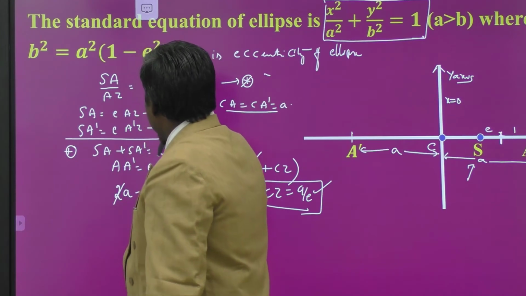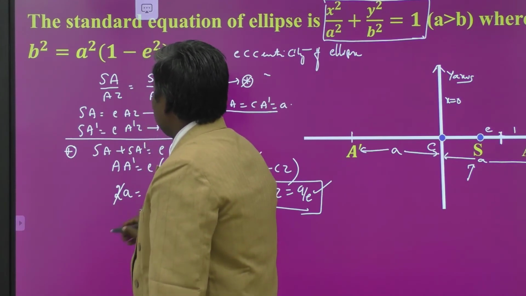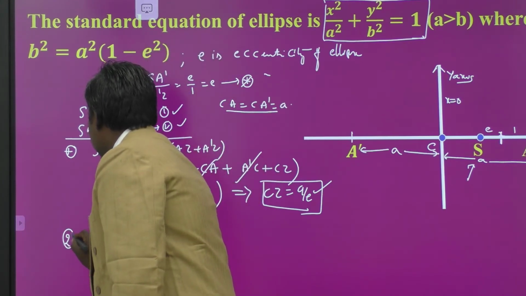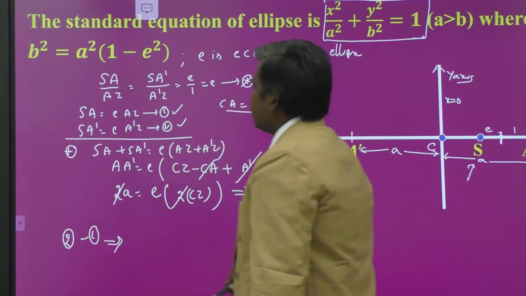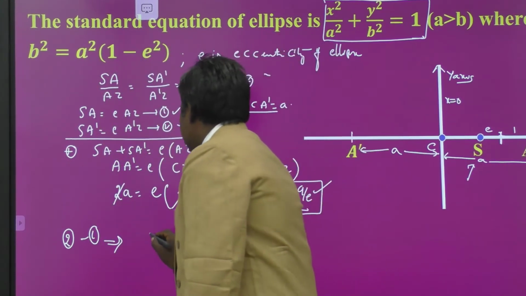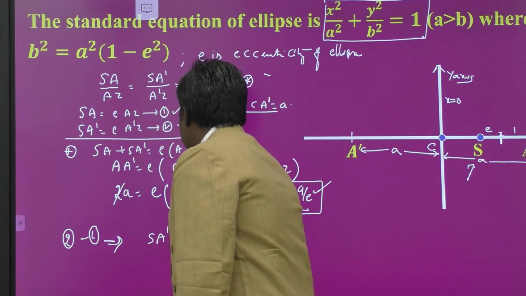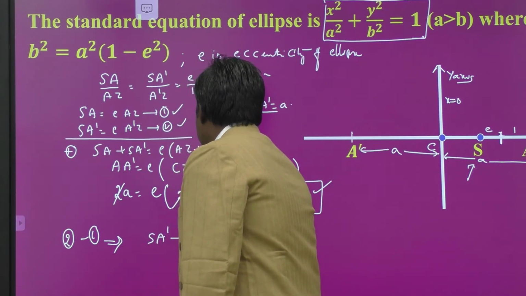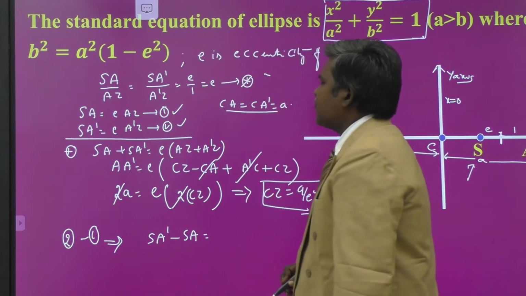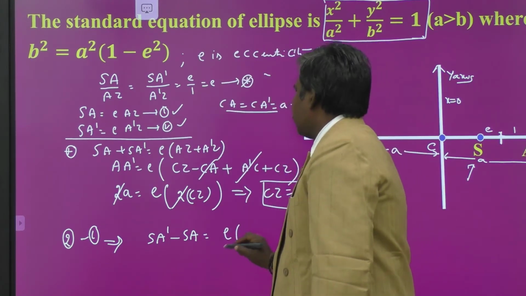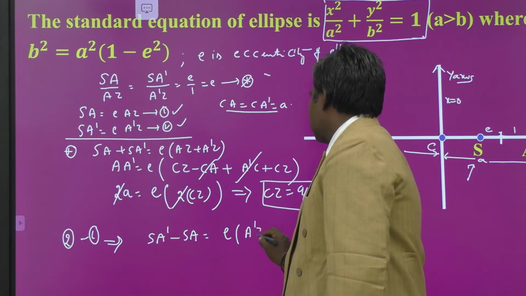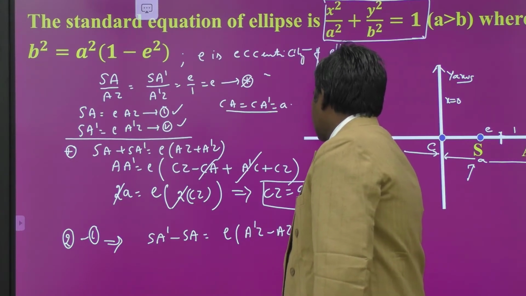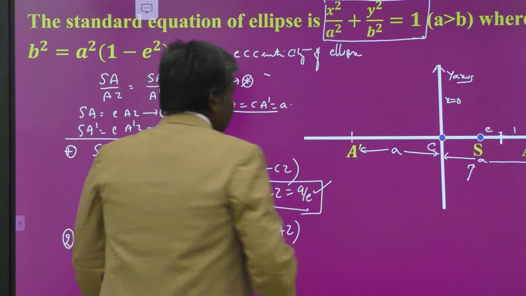subtract the equation 1 from 2, that is 2 minus 1. What happened? From 2 minus 1, SA dash minus SA is equal to E times of A dash Z minus AZ. Now observe A dash Z minus AZ.